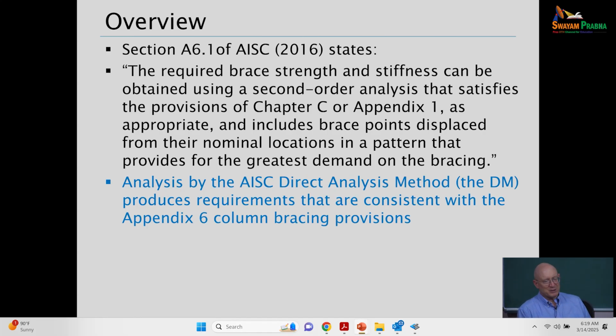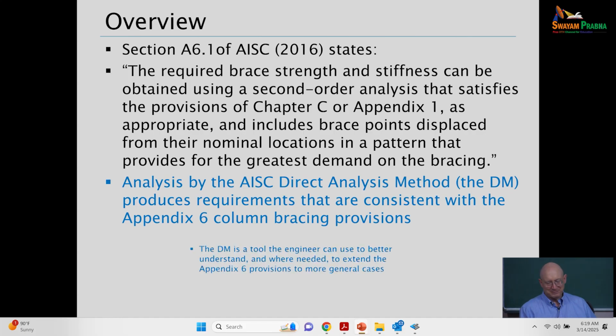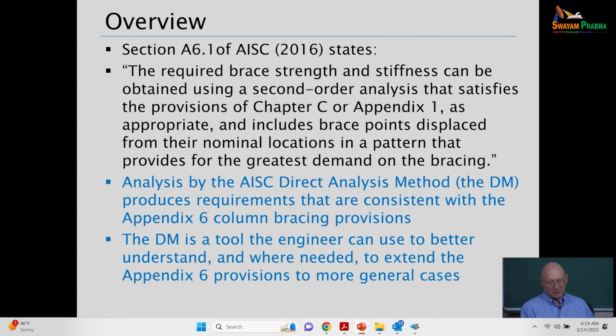Or once we understand those equations, there are situations more advanced than those equations really address, well, you can move to doing a direct analysis calculation in order to justify your bracing design. So that's a tool to allow you to get a better understanding or better prediction of what's going on for more general cases.